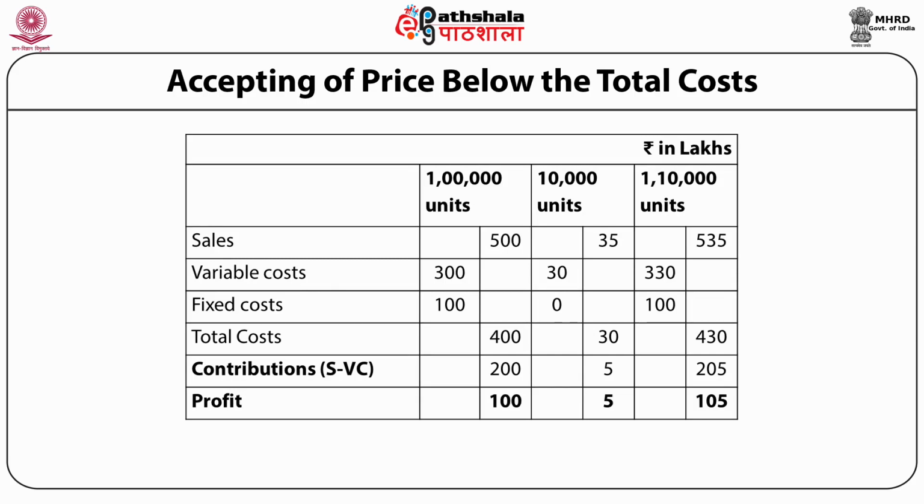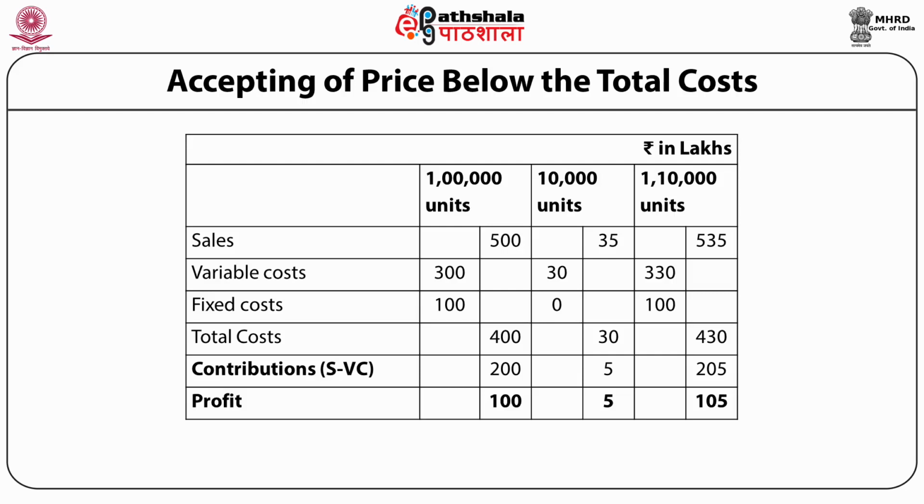In case the company accepts this order, the company's total profit as shown in the table will increase from rupees 100 to 105 lakh, because it will lead to an additional sale of rupees 50 lakh, that is more than the additional cost, that is rupees 30 lakh.